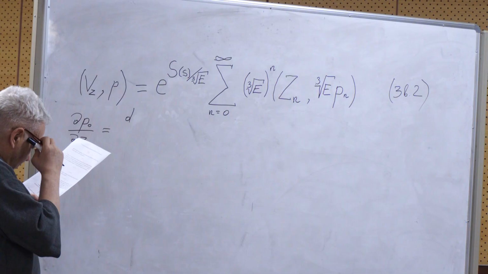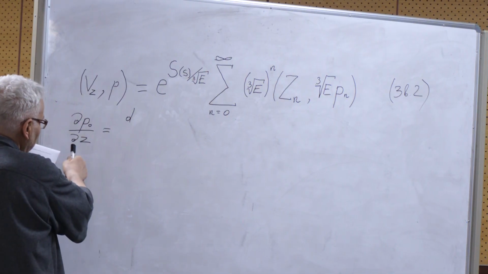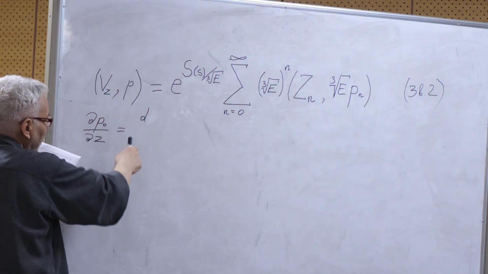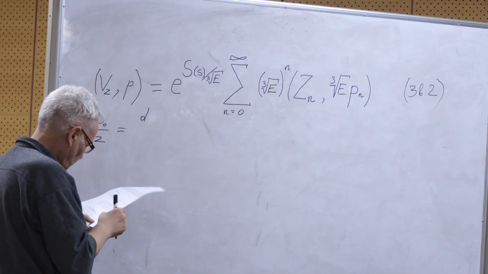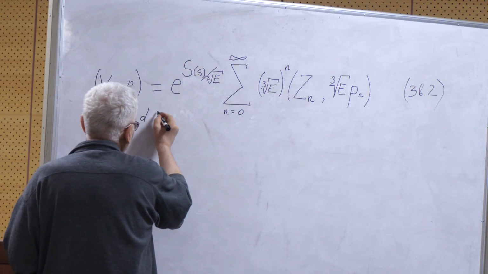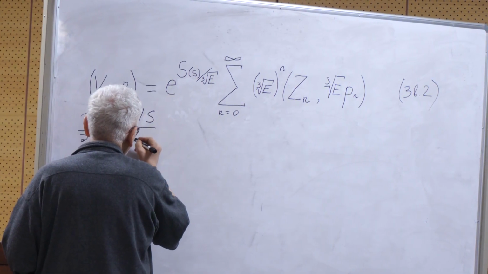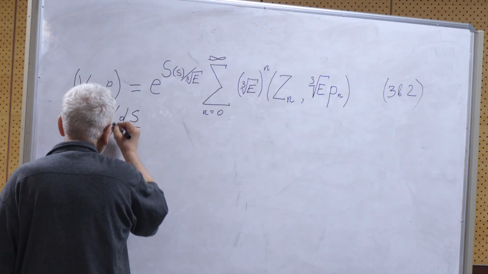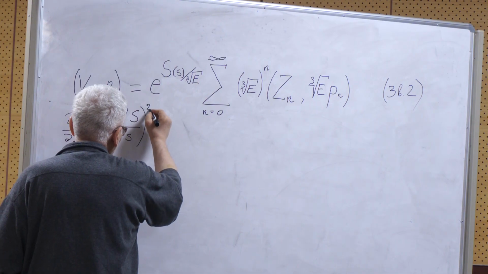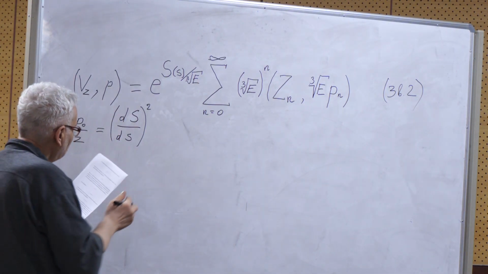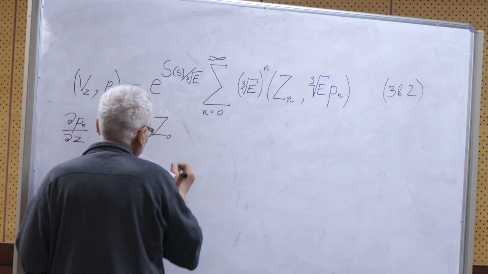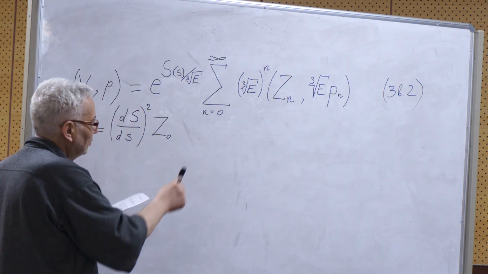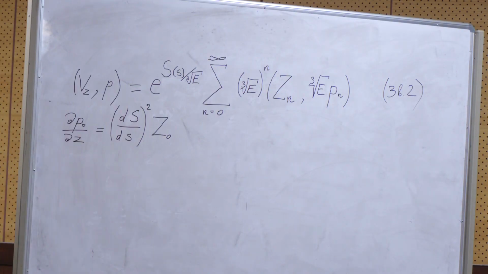You see that there are also derivatives in the z direction, not only in s like for this single function. Maybe it's a major contribution. We just take the derivatives in the z direction and put them in square. And here we have the zero order of this z function, which represents the z component of the velocity. So we write down the first equation.